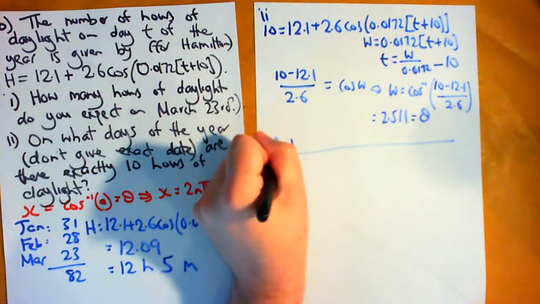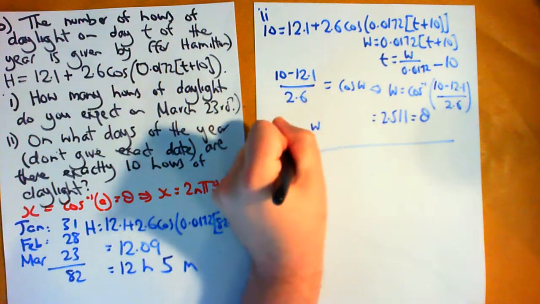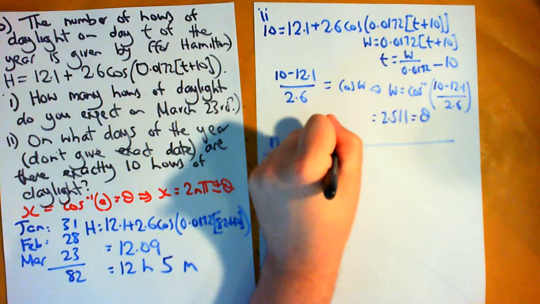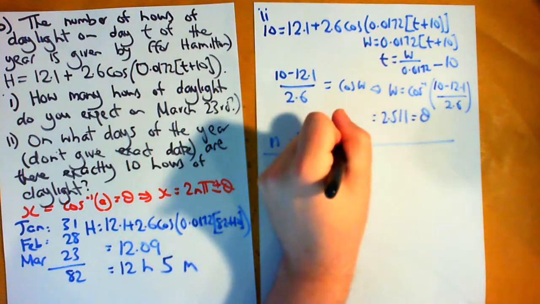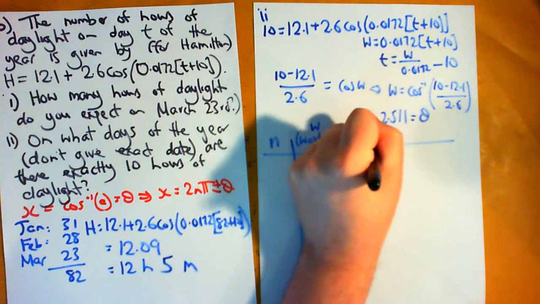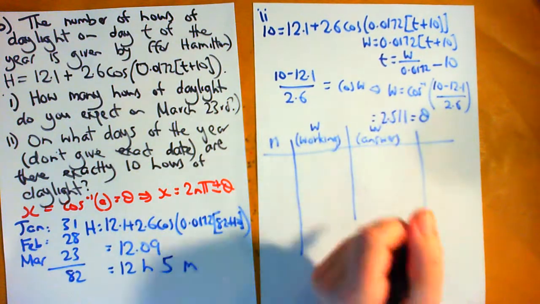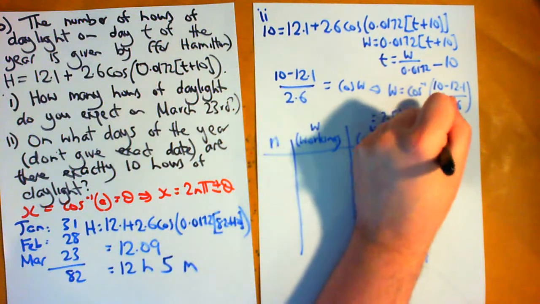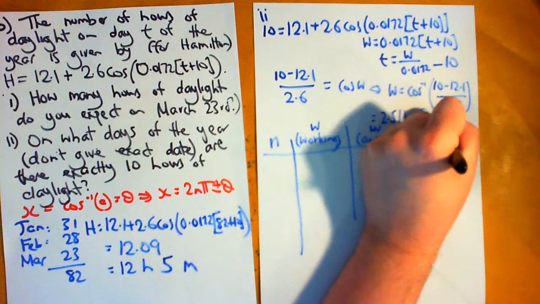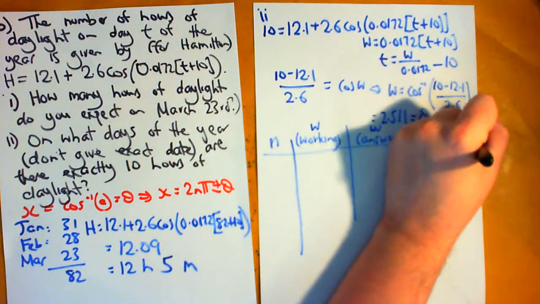So we've got a column for n, we've got a column for W with the working, we've got a column for W with the answer, and we've got t, which is where our rearrangement comes into play. That's W over 0.0172 minus 10.